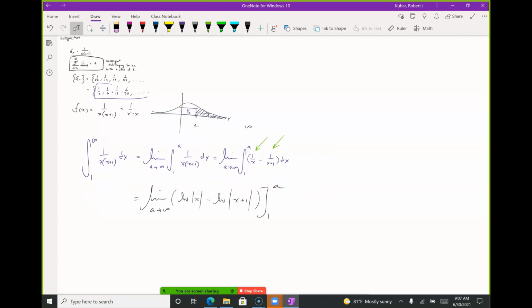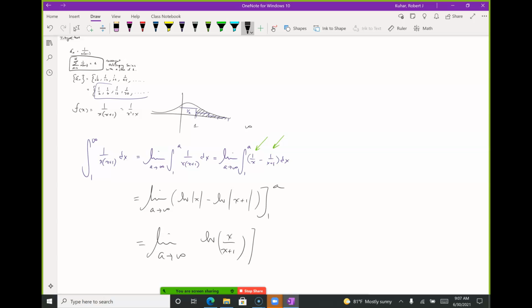This particular solution from pre-calc, we know that we can turn this into a single ln, right? This is a limit as a goes to infinity of ln of x over x plus 1, right? And I don't need the absolute value because I'm only putting in numbers bigger than 1, right?